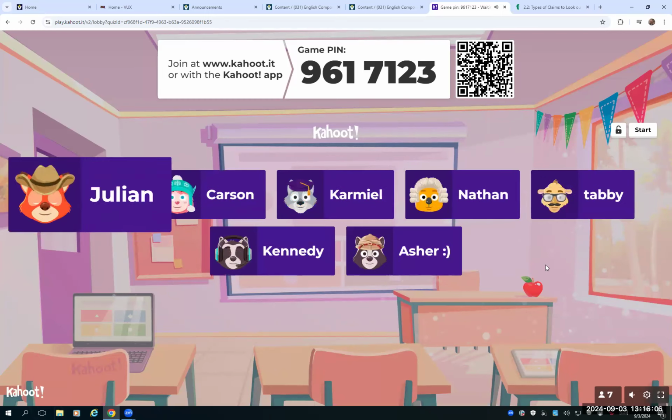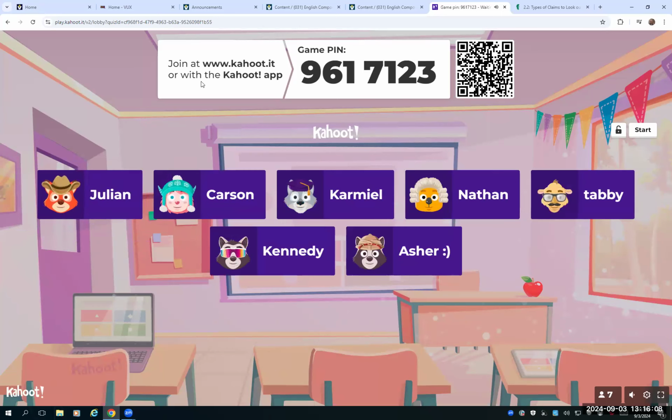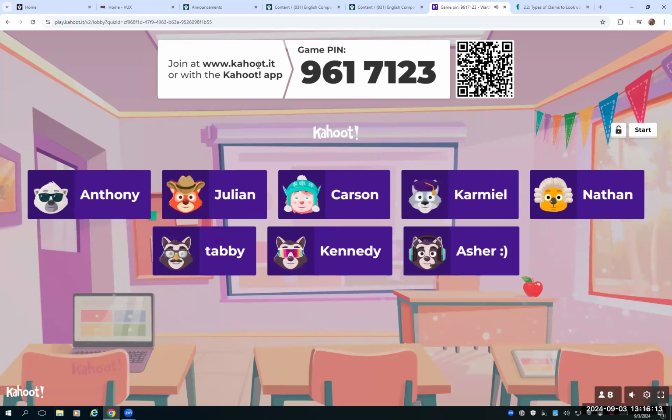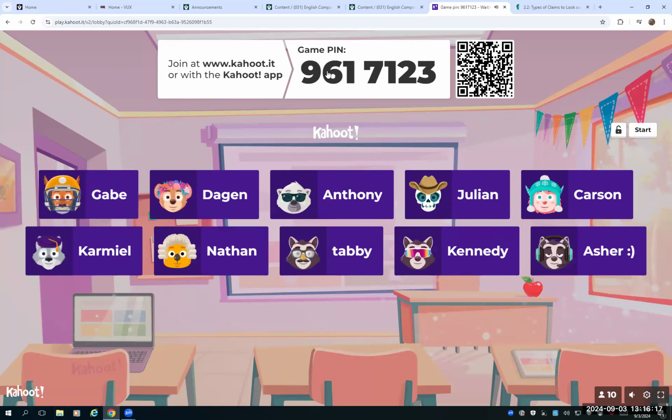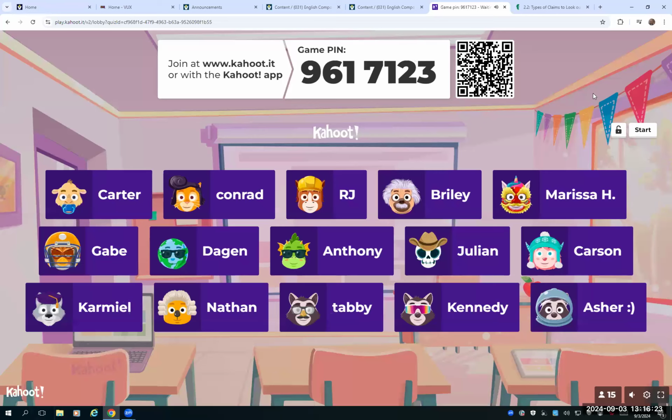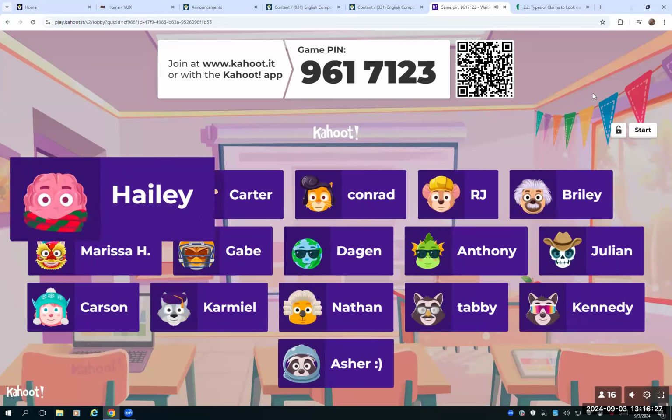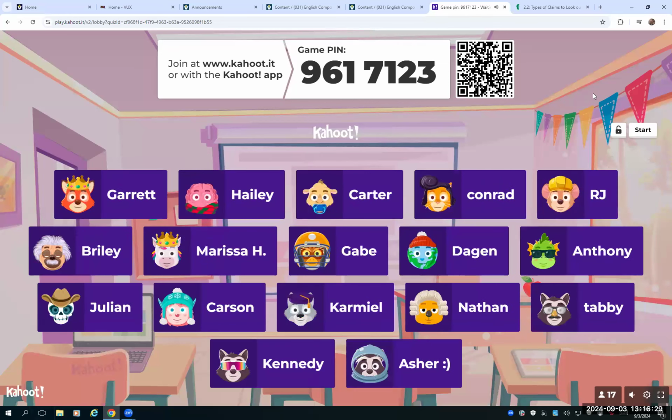So if you're on a computer, you can open up a new tab and put in www.kahoot.it and then enter the PIN number, and that'll take you to the game, or you can use your phone and go to a QR code here. We're going to test our knowledge.